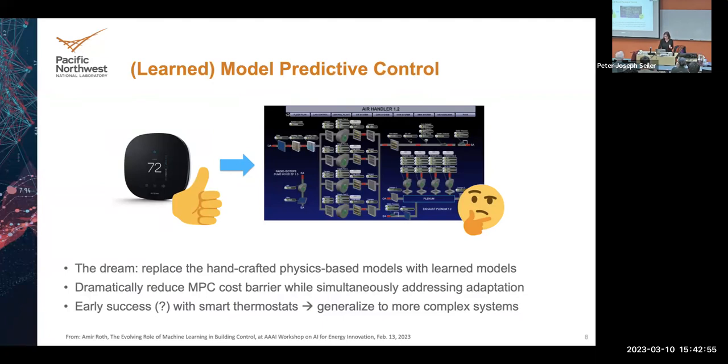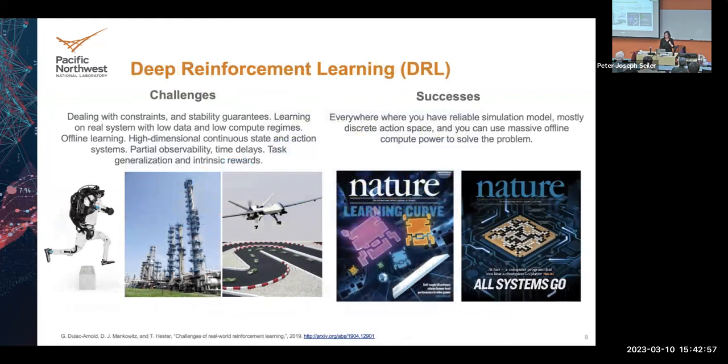So what do we do to add learning in MPC? Well, one thing people can say is, well, why not use reinforcement learning? And on this slide, I'm describing the challenges with reinforcement learning and the successes of reinforcement learning. I think one of the main challenges is that reinforcement learning requires an environment for the agent to learn from through interaction.